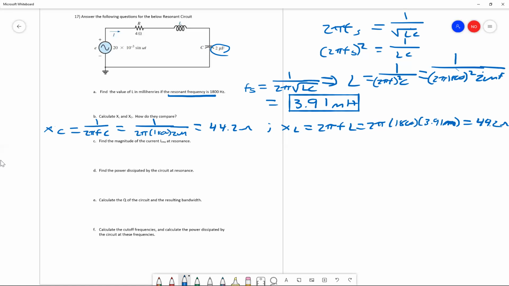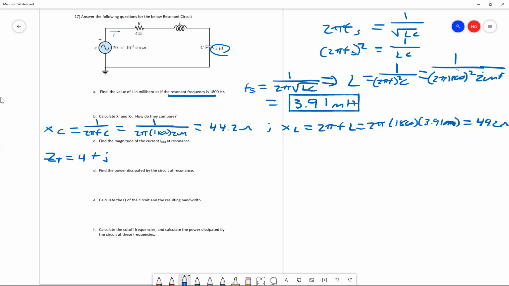So the next step is to find the current magnitude at the resonance frequency. So let's find total impedance. We know that total impedance is going to be the impedance of all three of these elements put together. Luckily, we know that we have our R value, which is 4, right? And that's going to be an angle of 0.